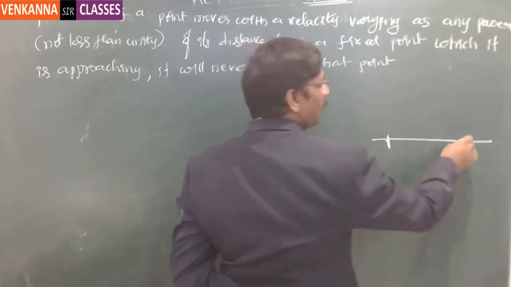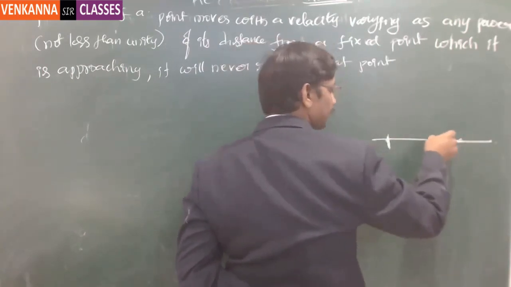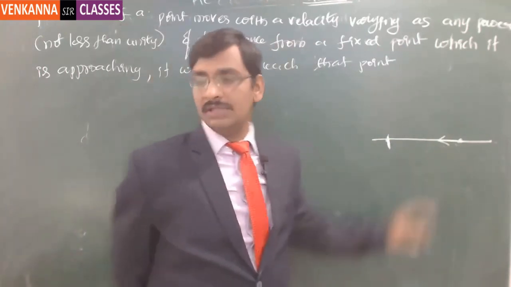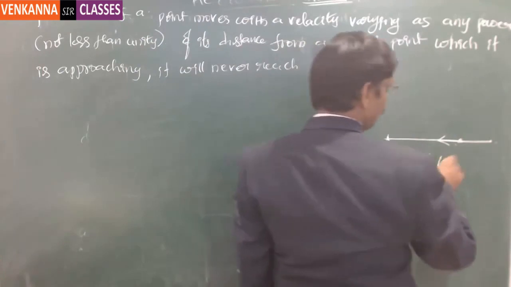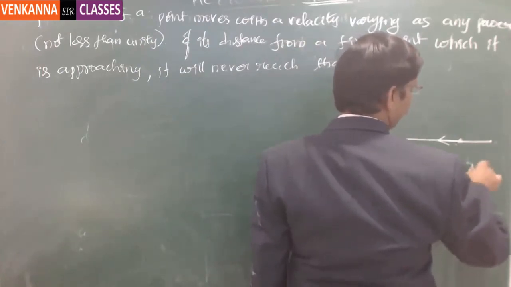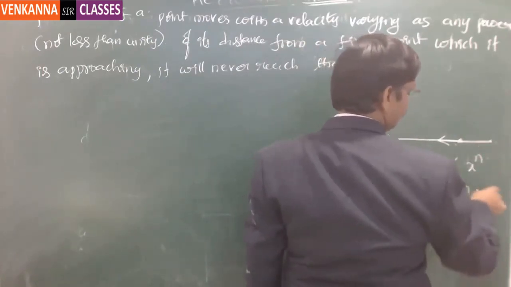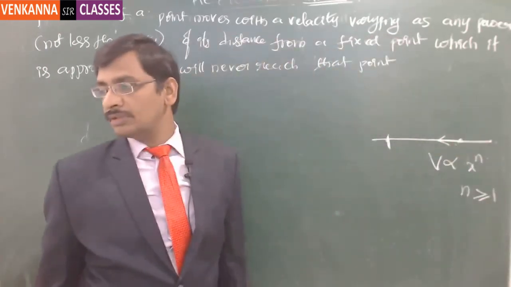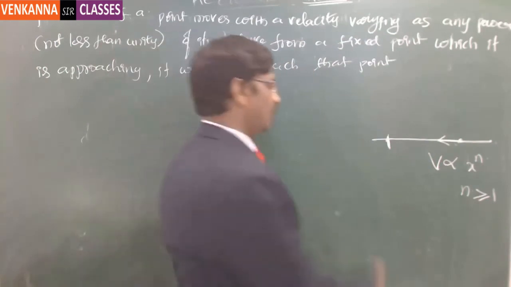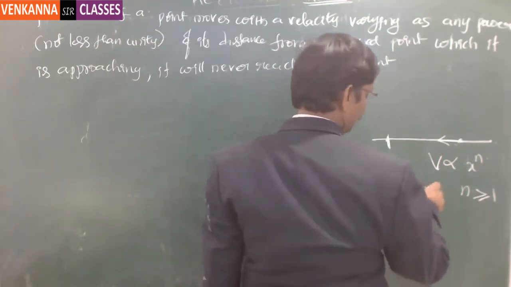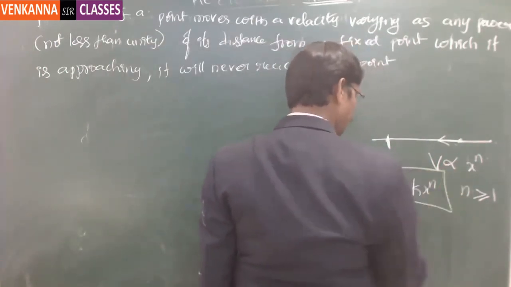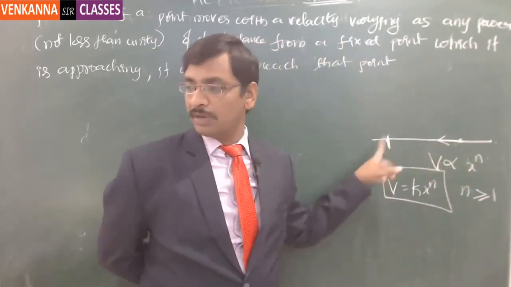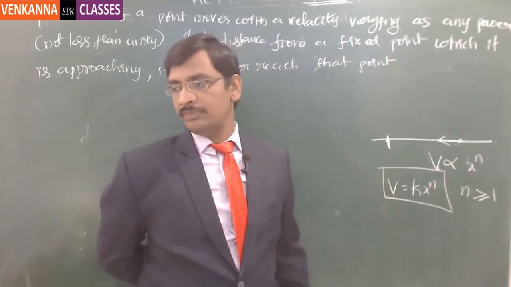Let us say a particle is trying to move in this direction, and the velocity of this particle is nothing but v, which is proportional to x power n, where n is greater than or equal to 1. So this is the condition. So v is directly proportional to x power n, or v is equal to k times x power n. Now he asked us to prove that this particle will try to reach this point, but it will never reach this point. Got it?